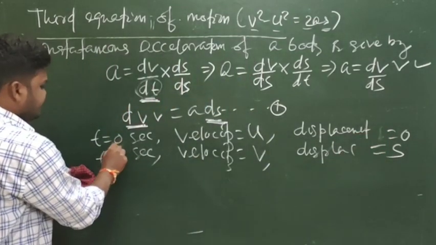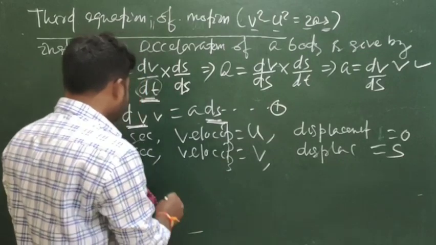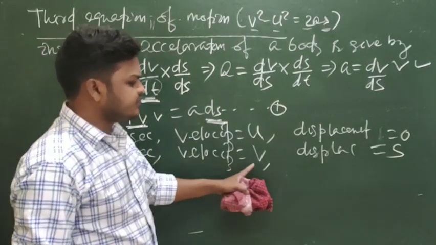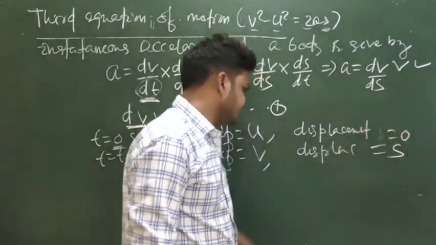That means at the initial time the body is at the origin, so its displacement is 0, and after some time the body moves with final velocity v, so it covers some distance, suppose s.